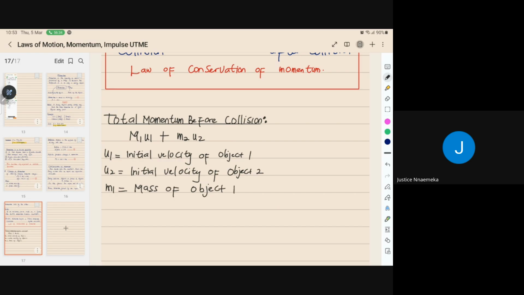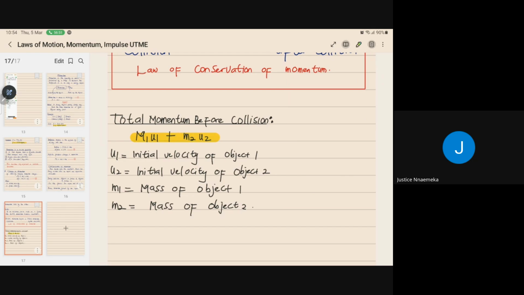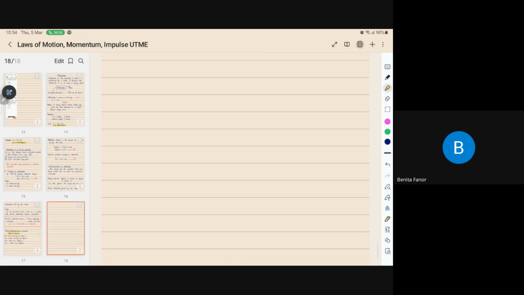So M1 is the mass of object 1, and M2 is the mass of object 2. So guys, extra push. This is what has to do with your total momentum before collision. So let's look at total momentum after collision. Are we still together, guys?